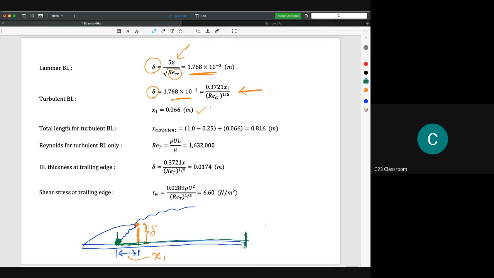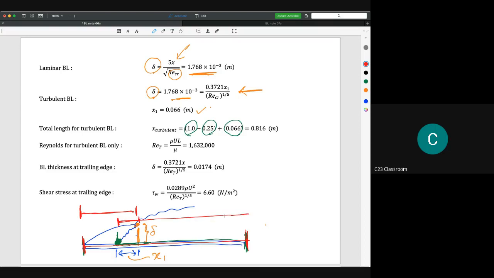The distance here can be calculated by the idea of 1 minus 0.25 plus 0.066. So 1 is the total length from here to here. Then we subtract 0.25, the length of the laminar, and then we add the extra 0.066.